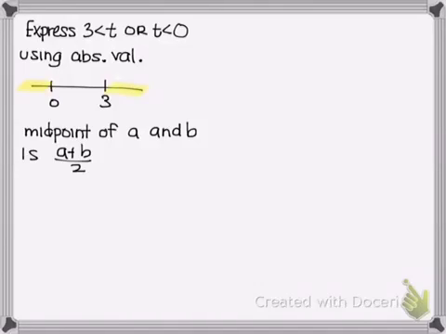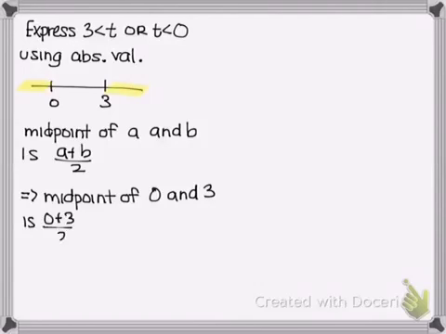Which means that the midpoint of our two numbers, 0 and 3, is 0 plus 3 over 2, which is just 3/2. Okay. And the reason we're finding it is we're going to subtract by the midpoint.